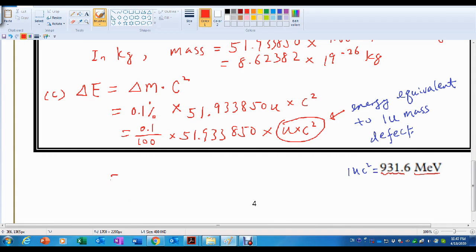Then use your calculator. We do the first part of the calculation first. That would be 0.1 divided by 100. Okay, I need to use my calculator. You use yours.